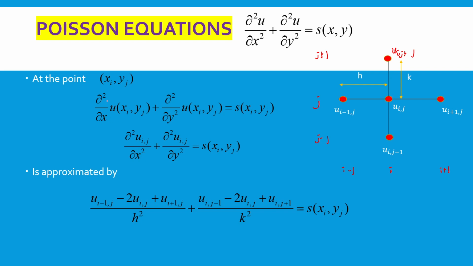It becomes del 2u(xi,yj) del x2 plus del 2u(xi,yj) del y2 equal to s(xi,yj). u(xi,yj) can be simplified as the notation u subscript i,j. So del 2 uij del x2 plus del 2 uij del y2 equal to s(xi,yj) is approximated, and both use the 3-point central difference.